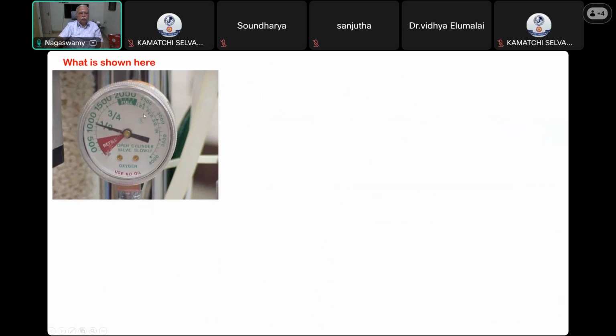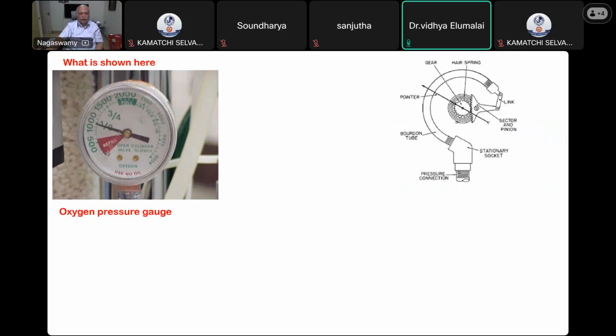So they may ask you what are all the safety features in this oxygen pressure gauge. That's the commonly asked question in the examination. It is color coded. The name is written. It's white in color. Okay. If at all oxygen pressure ruptures, it will explode in the posterior back side to prevent damage to the person.